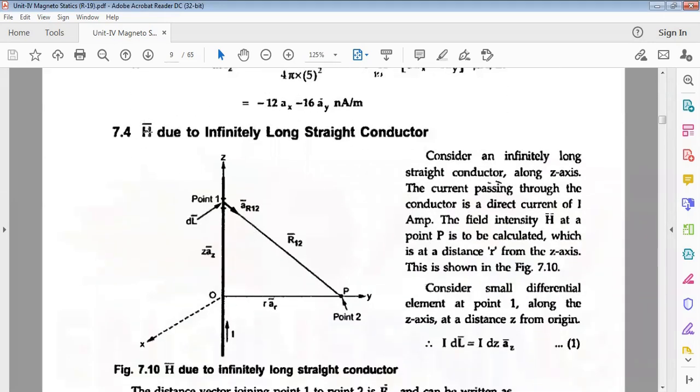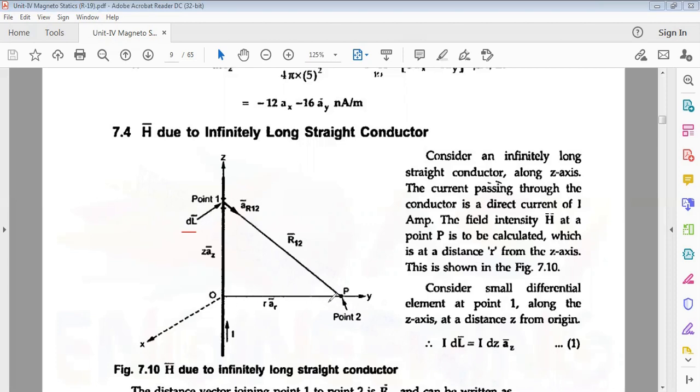See, the magnetic field intensity H bar due to the infinite line charge is a long straight conductor. Along the z-axis we can assume a small differential length dl bar at a point 1.